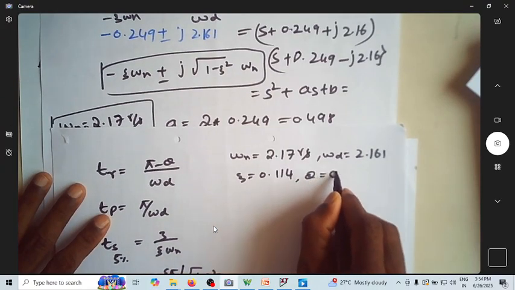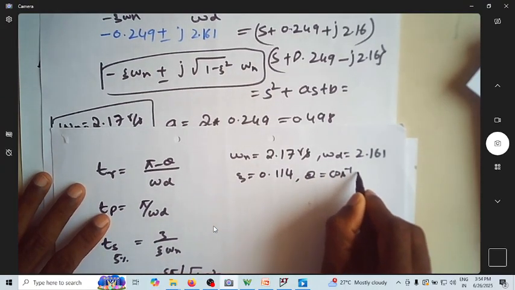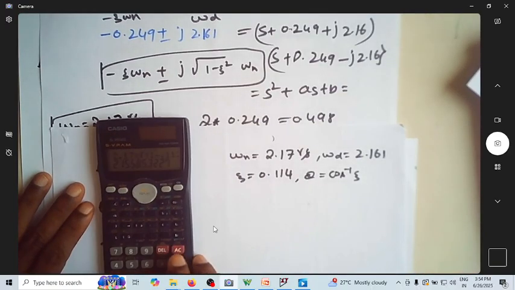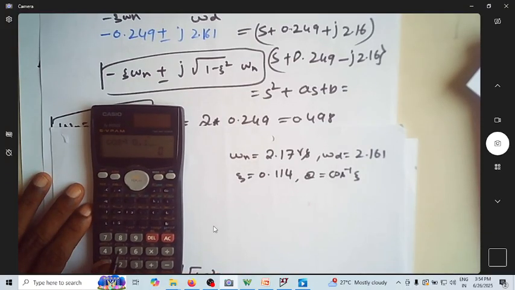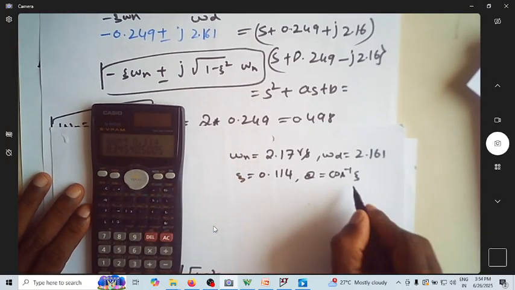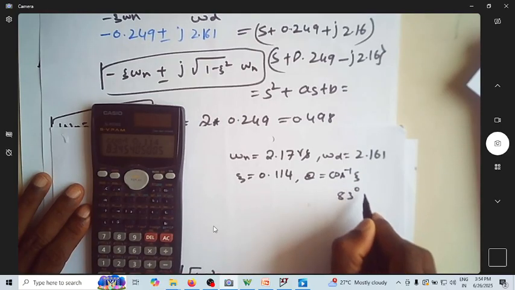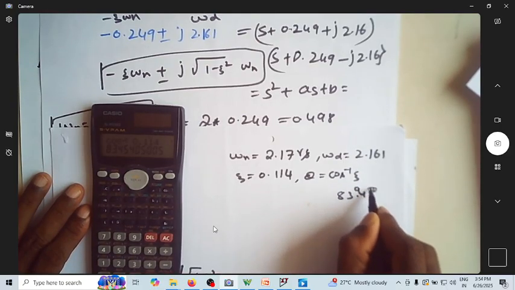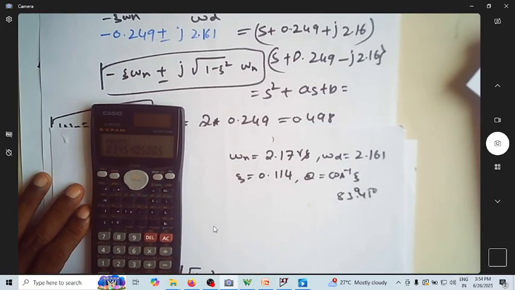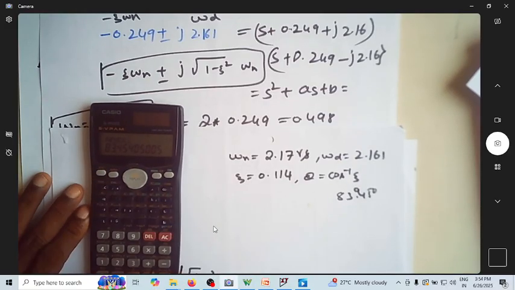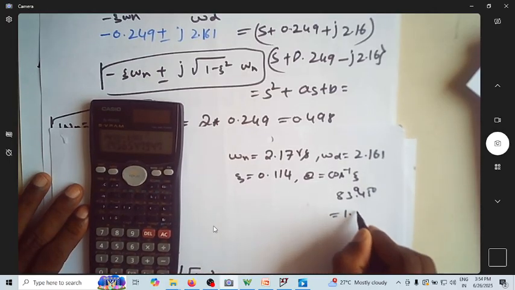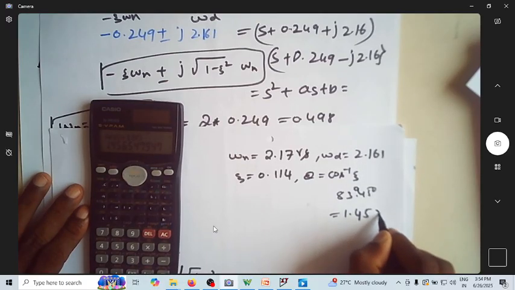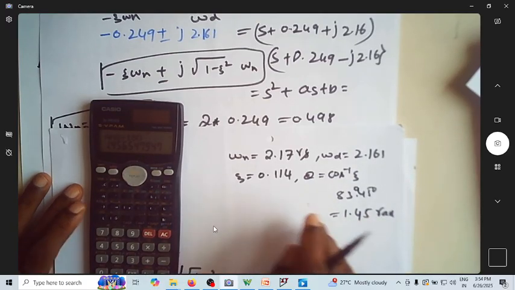So now what is theta? Theta is nothing but cos inverse of zeta, which is cos inverse of 0.114. It's almost closer to 90 degrees. You can see it's almost 83.45 degrees, into pi divided by 180, is nothing but 1.45 radians.